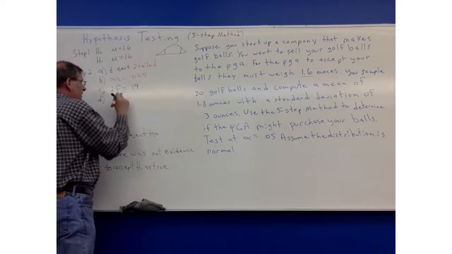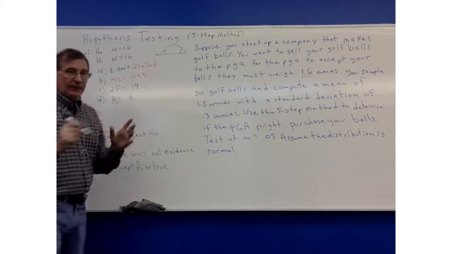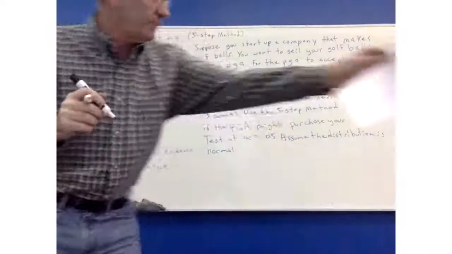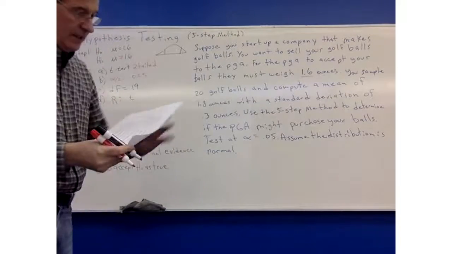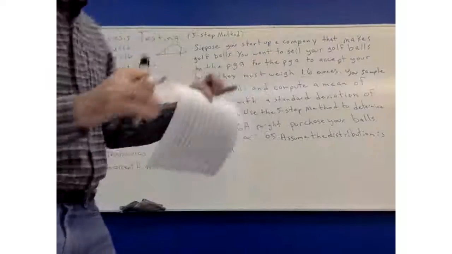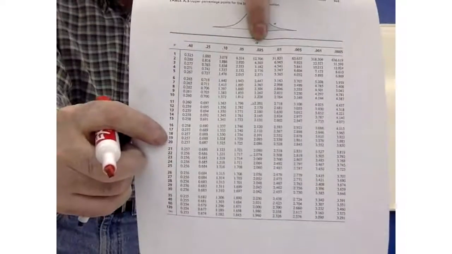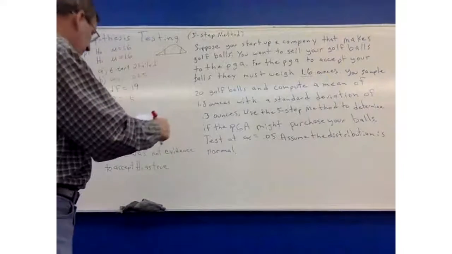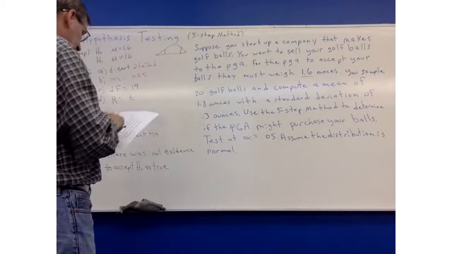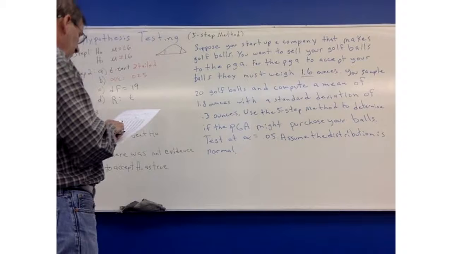We're going to reject if the t-value we compute, and we go to the t-distribution table here. So we have across the top 0.025, and then we go down to 19 on the side here, 19 and 0.025, and you find that number there, 19, 2.093.